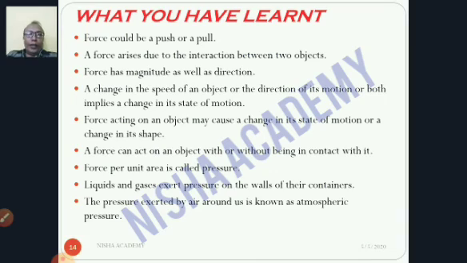Force per unit area is called pressure. Liquids and gases exert pressure on the walls of their containers. The pressure exerted by the air around us is known as atmospheric pressure.